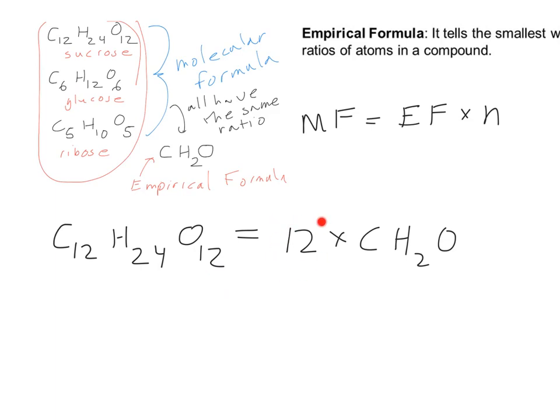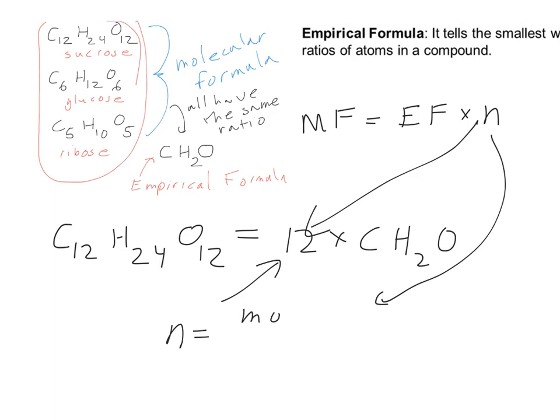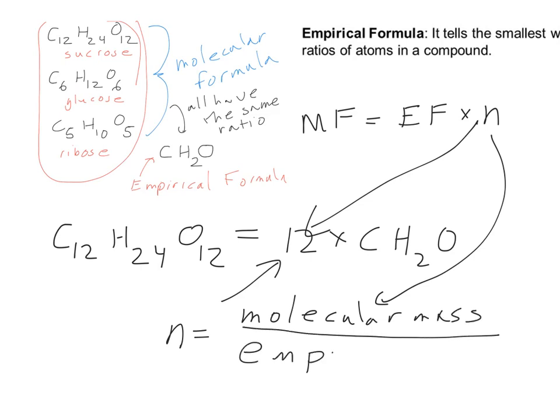This whole number n also has another curious relationship. It turns out that the value that you're multiplying by there, that 12, or your number n, is always equal to the ratio of the molecular mass to the mass of the empirical formula.